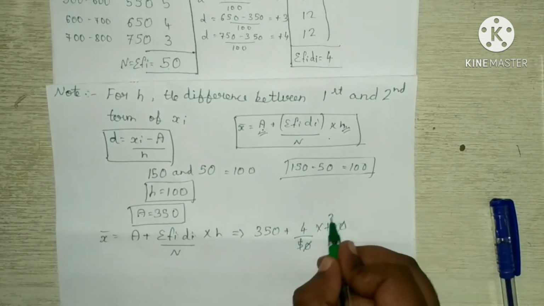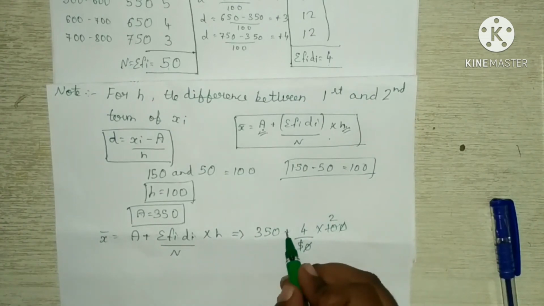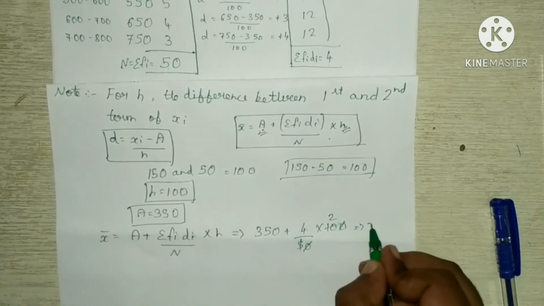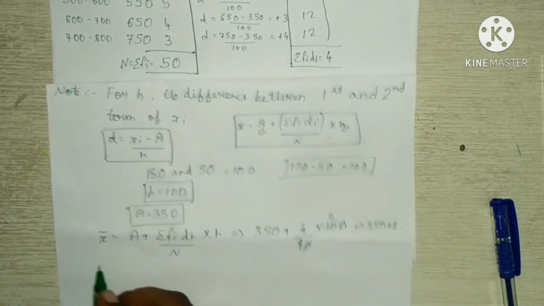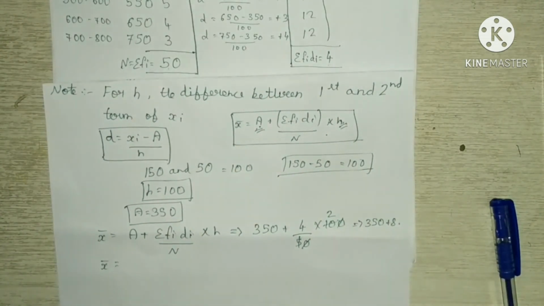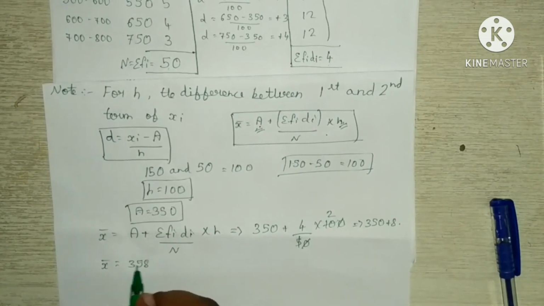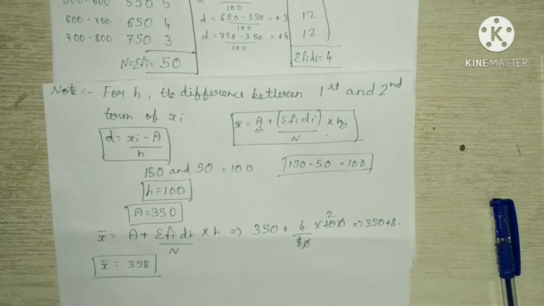You will get 350 plus 4 into 2, which is 8. X bar is equal to 358.